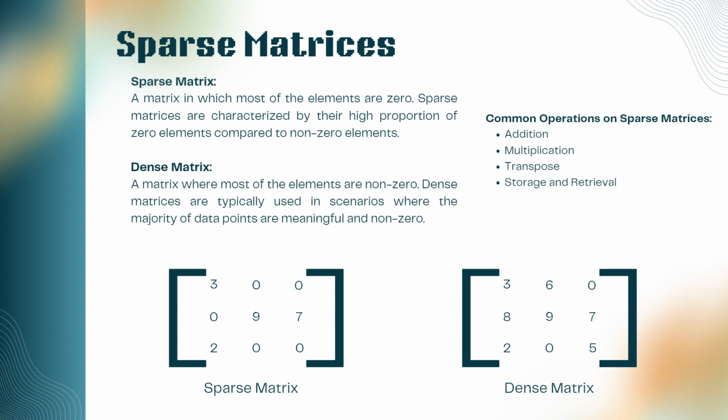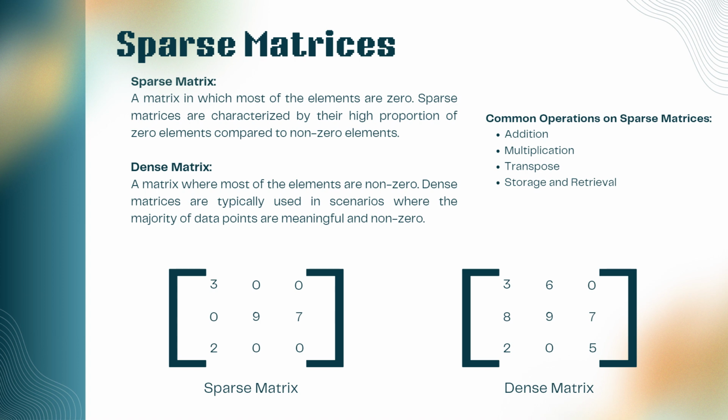Here, typically we can say that there are two types of matrices, sparse and dense matrices. So what are sparse and dense matrices? Sparse matrix: a matrix in which most of the elements are zero. A sparse matrix is characterized by its high proportion of zero elements compared to non-zero elements. Dense matrix: a matrix where most of the elements are non-zero.